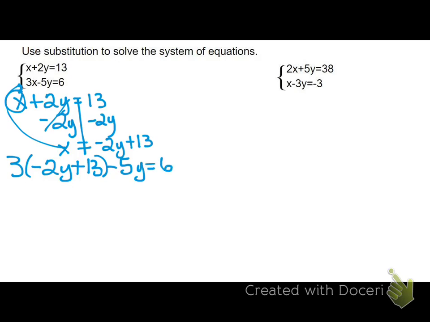Good. All right, that's a long one, isn't it? Okay, now what do I do? Distribute. Yeah, I'm going to distribute, and that's going to equal negative 6y plus 39.